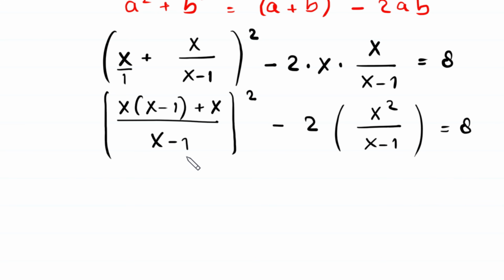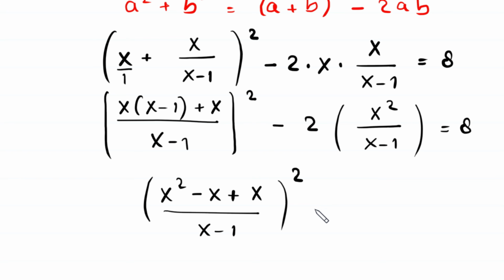Further simplify, this will become x times x squared, x times negative 1 negative x, plus this x, divided by (x minus 1) whole squared minus 2 times x squared divided by (x minus 1) equal to 8.